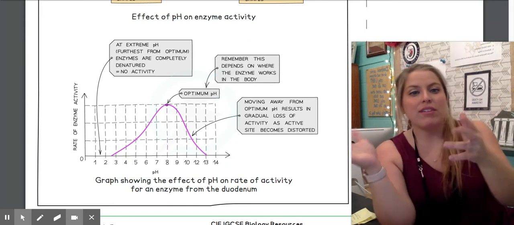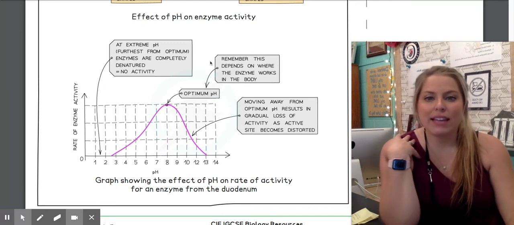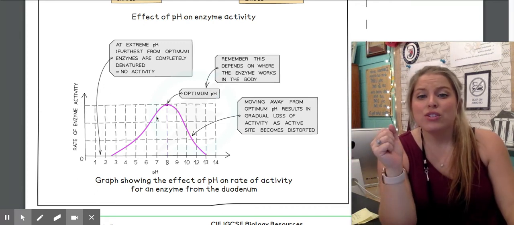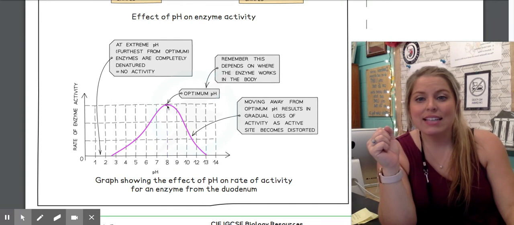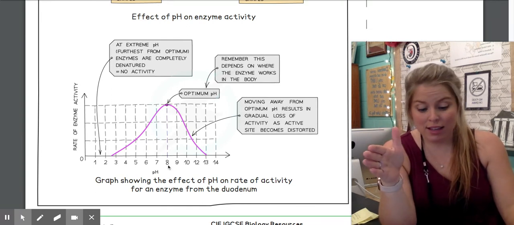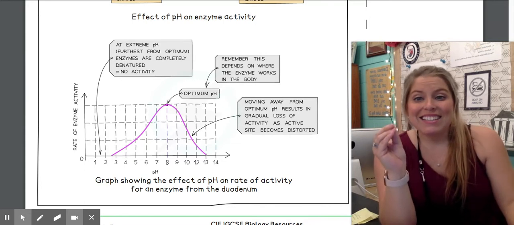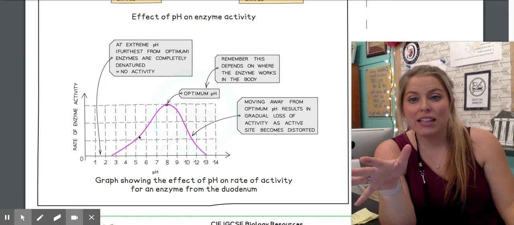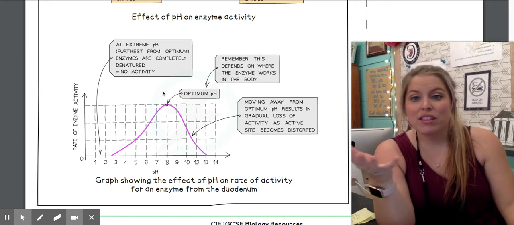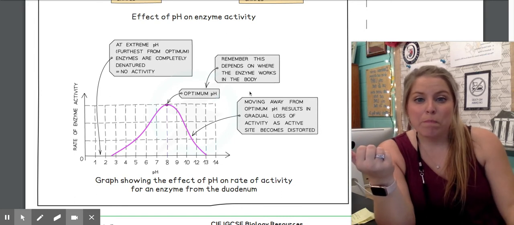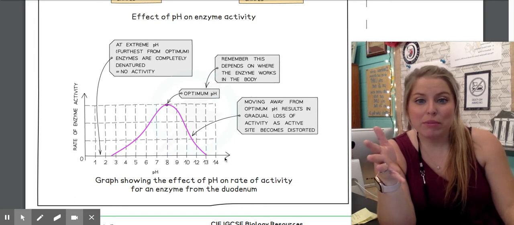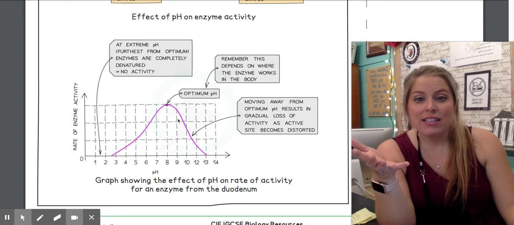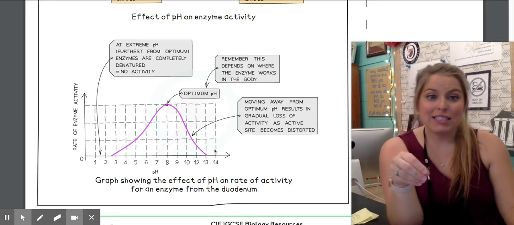Anything below 7 is more acidic on your pH chart. So you can see this enzyme would have an optimum pH, if we go down, at a pH of 8. Depending on the enzyme that we're talking about, if the conditions are too acidic, they can be denatured. And then moving away from optimum pH is less activity. The site becomes disordered, also being denatured.